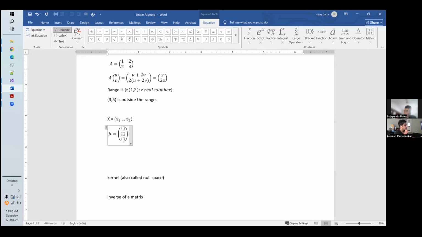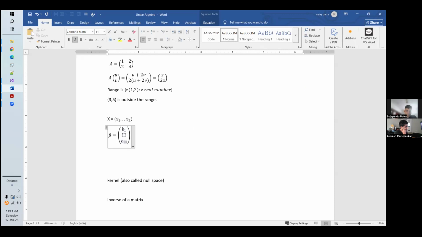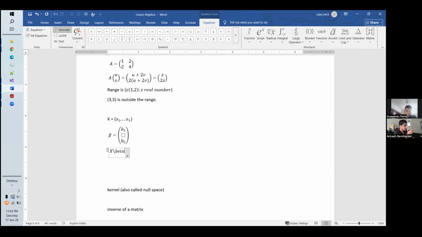So the first is B1, then B2, B3, up to the last one, B5. Wait, your x should go up to 1,000, right? Each x is a column vector. So each x is a feature, which is 1,000 length. I've just written x1, x2, up to x5 as the 5 columns of the X matrix.